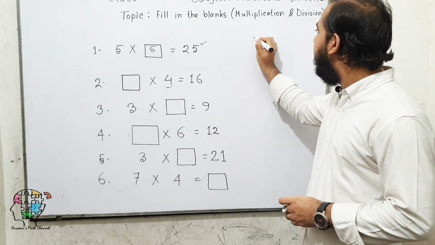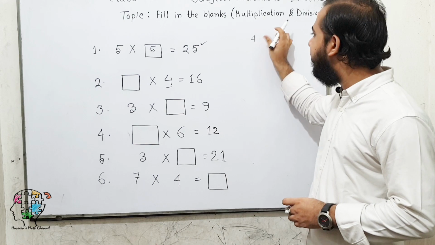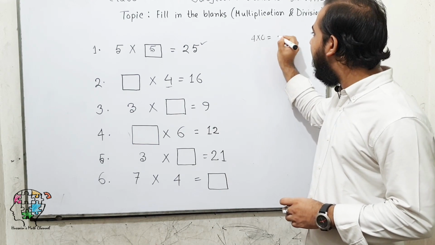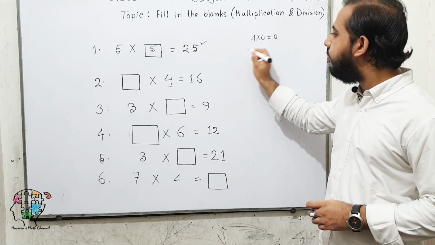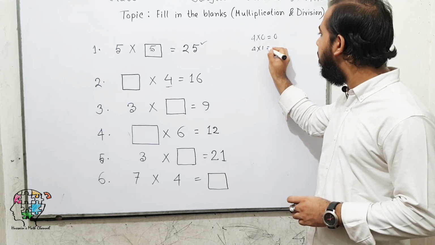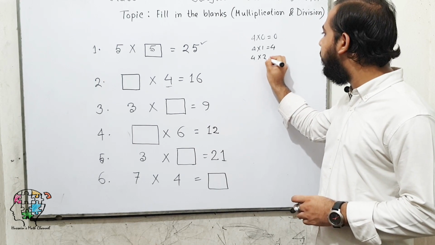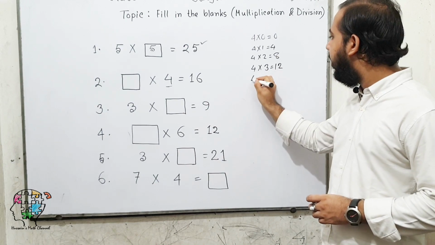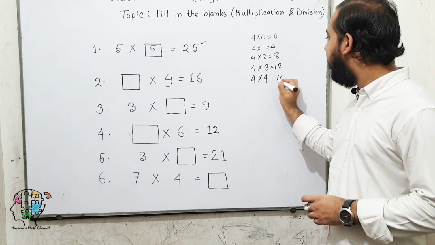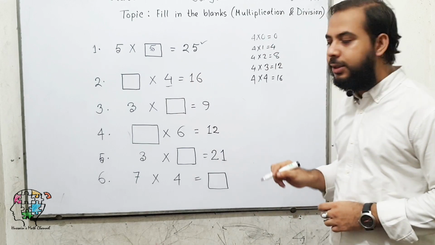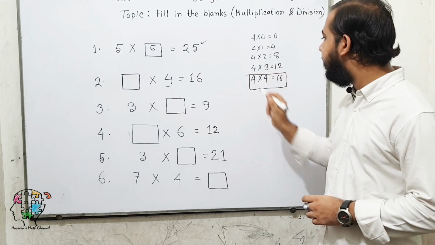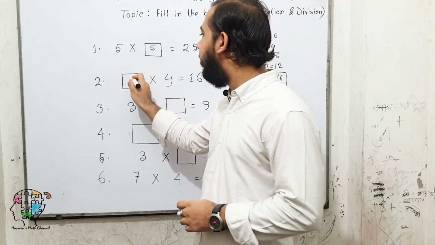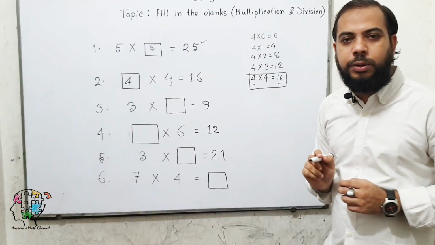You can do rough work here, no need to write this. 4 zeros are 0, 4 ones are 4, 4 twos are 8, 4 threes are 12, and 4 fours are 16. So we find 16. So 4 times 4 is 16. So in the blank, the answer will be 4.